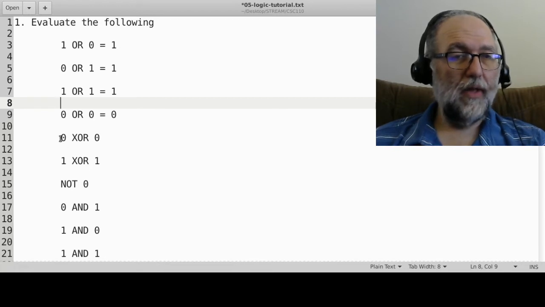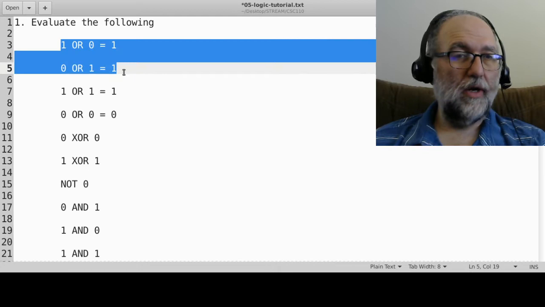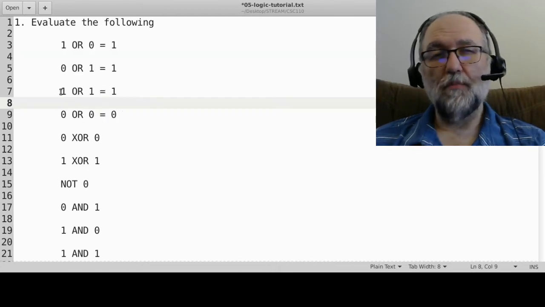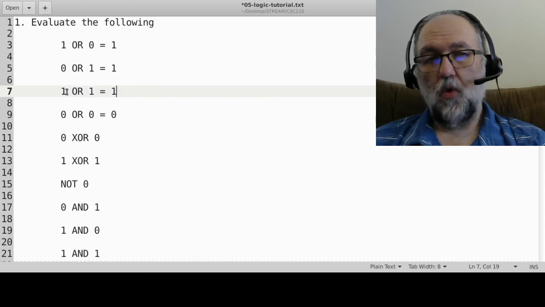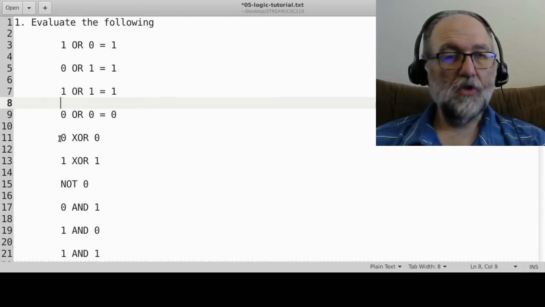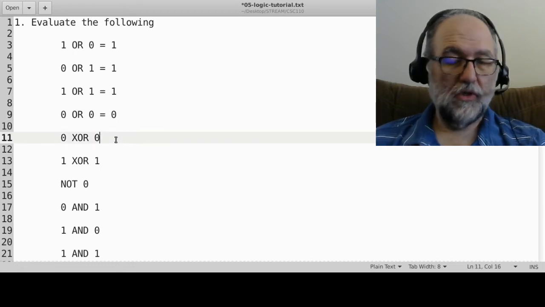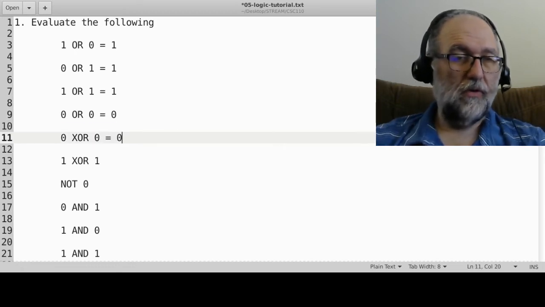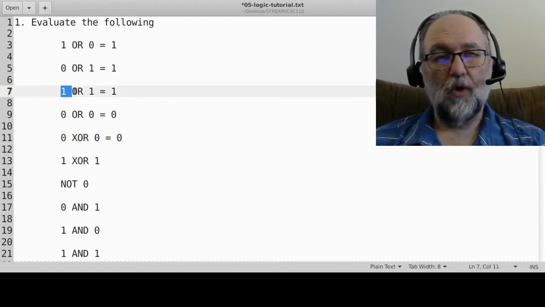Now how does the exclusive OR work? The exclusive OR works the same as the OR does, but if they're both 1, it's equal to 0. So with OR, if they're both 1, it's equal to 1, but with exclusive OR, if they're both 1, it's equal to 0. So 0 exclusive OR 0 is equal to 0. 1 exclusive OR 1, you think, is that like 1 or 1?